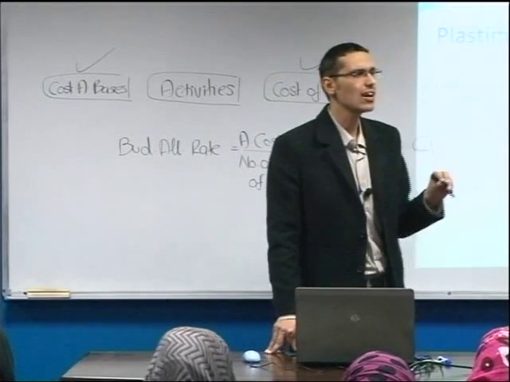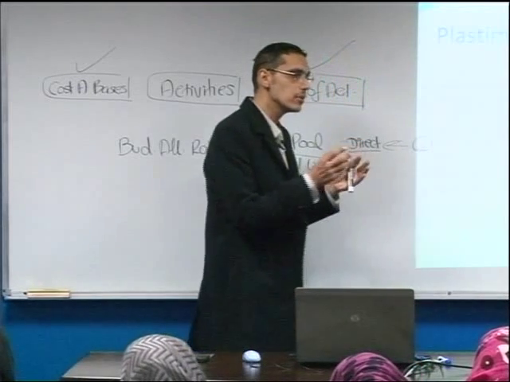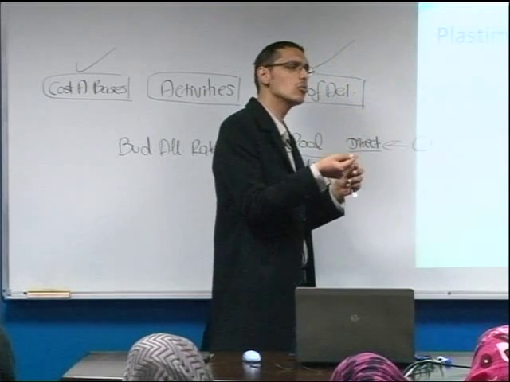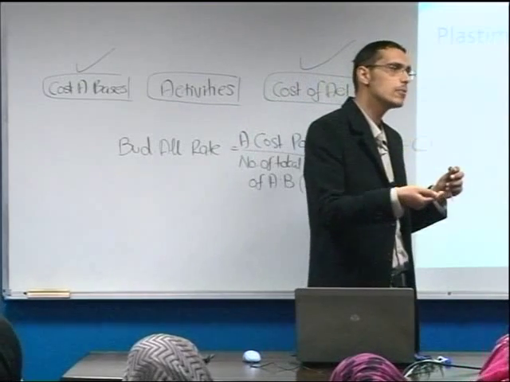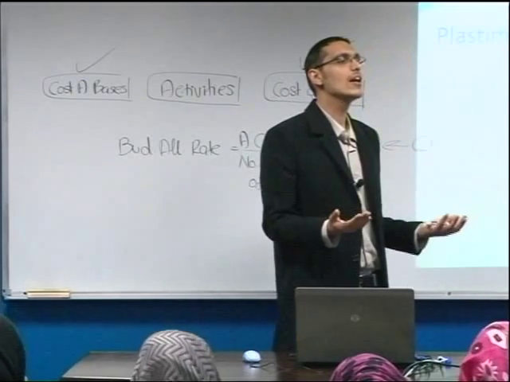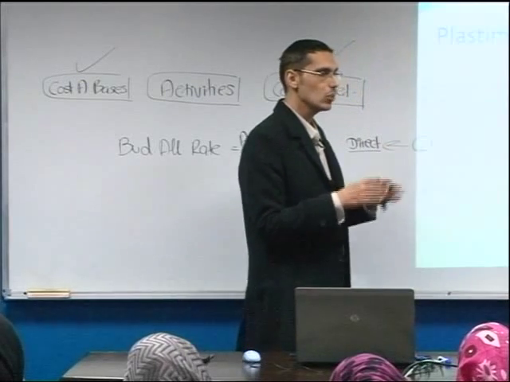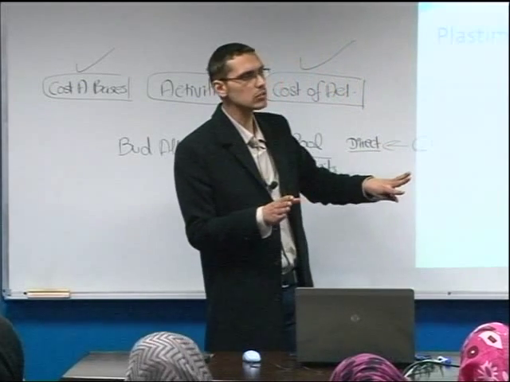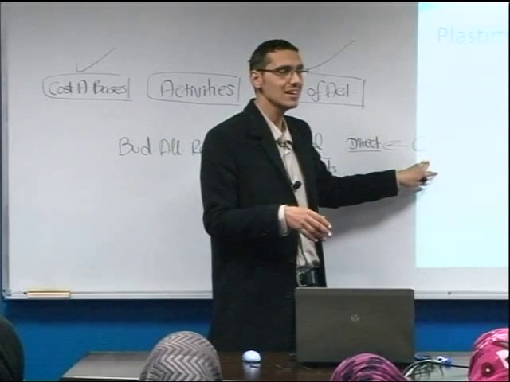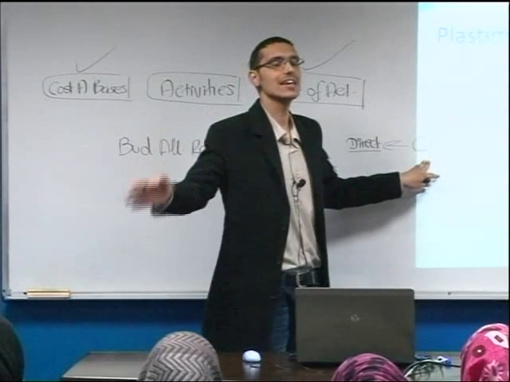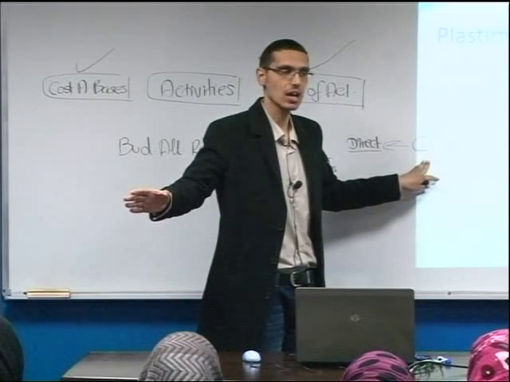Let us now take an example of how to use the second step and the third step in order to refine a costing system. We said the first step is to trace more and more direct costs. We did just that in tracing D and reclassifying it into a direct cost.